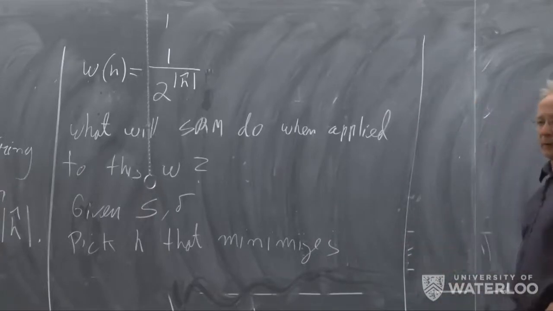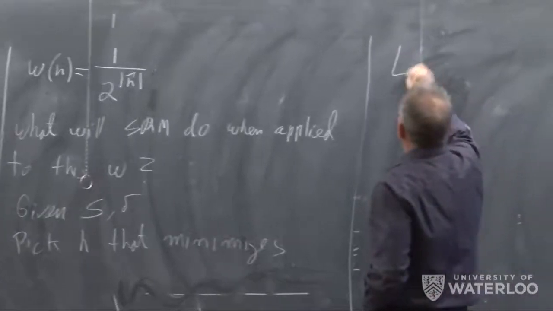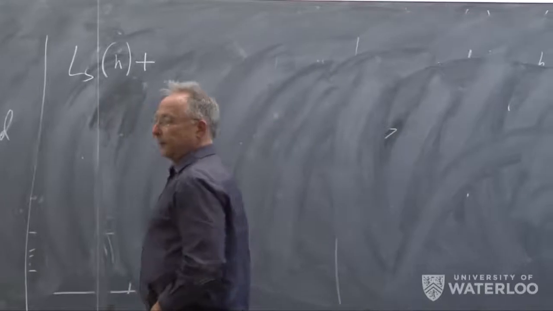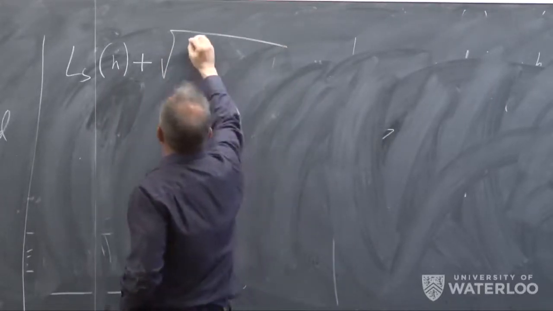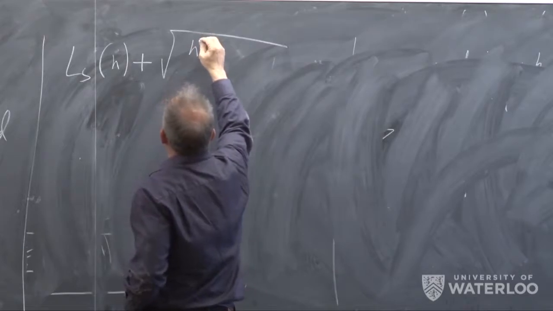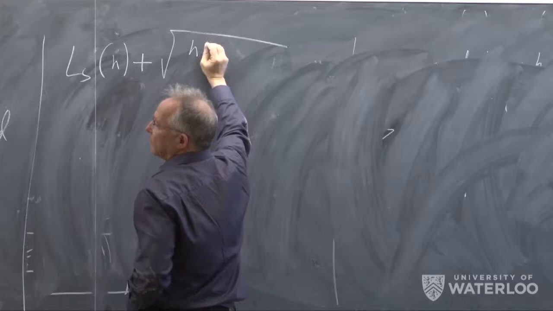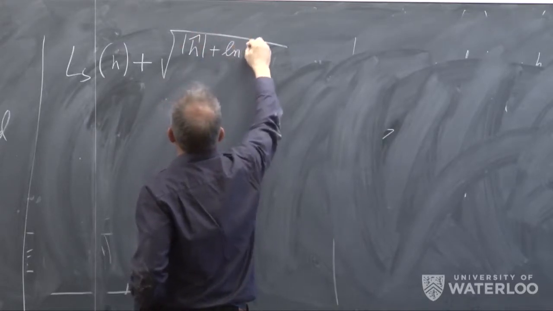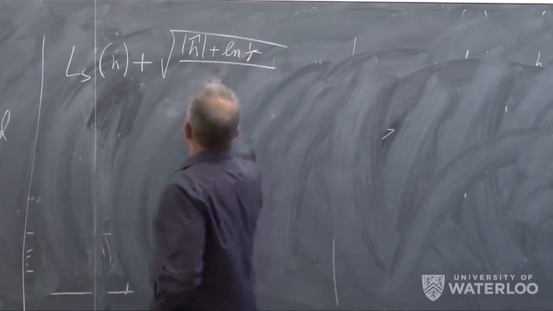It's a straightforward calculation. What we want to minimize is LS of H plus the square root of the length of H plus ln 1 over delta, divided by M.